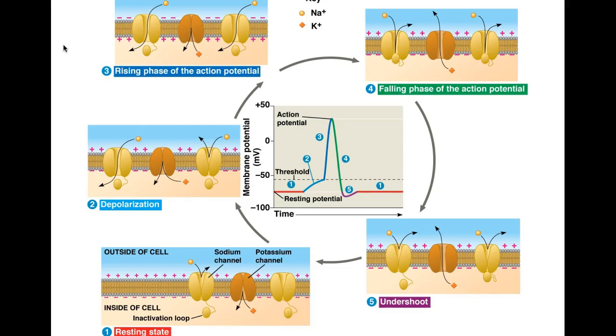So if the normal membrane potential at rest was at negative 60, then in this case, that number is undershot. So you might have a negative 70, a negative 80. And then after that, the potassium channels eventually close, and it goes back to the regular resting membrane potential.